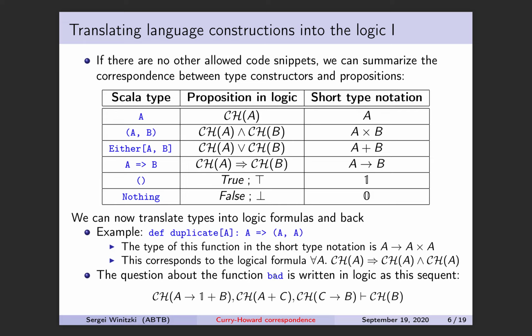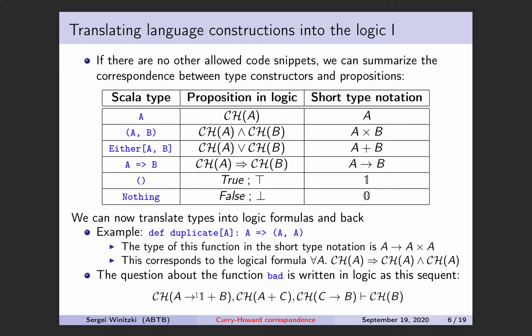The type of this function bad is written like this. So if we are given a value of this type, a value of this type, a value of this type, can we derive a value of this type, or compute a value of that type?